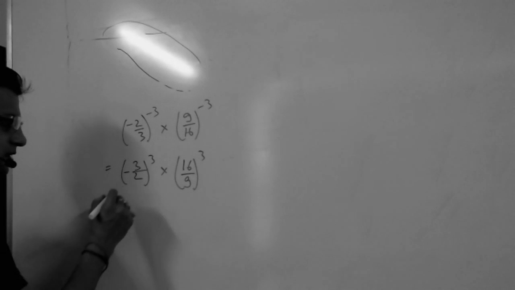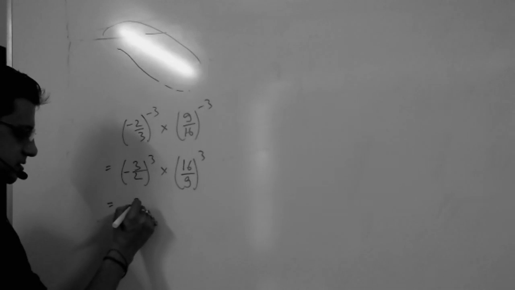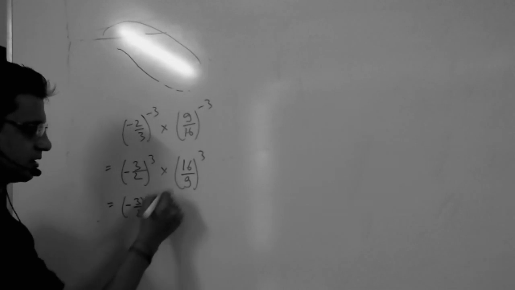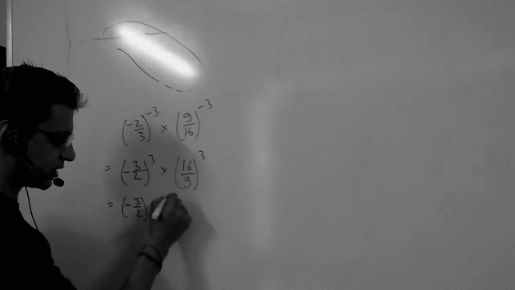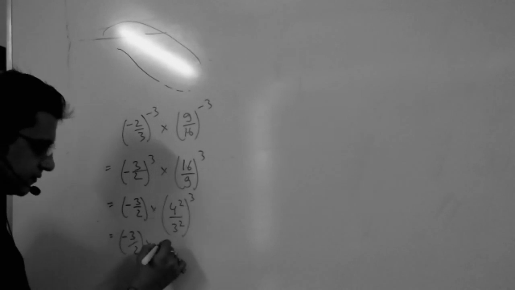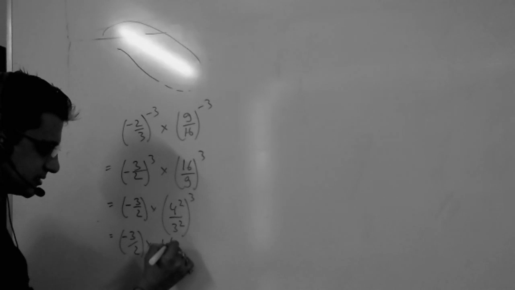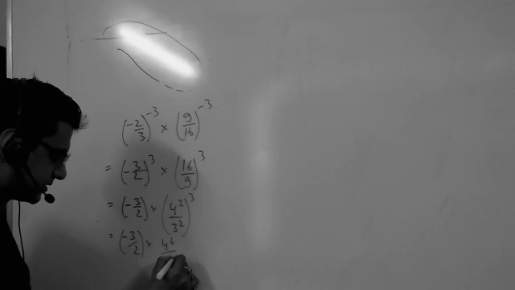So now, 16 you can write as 4 squared and 9 as 3 squared. Then this becomes 4 to the power 3 into 2, that is 6, and this 3 to the power 6.